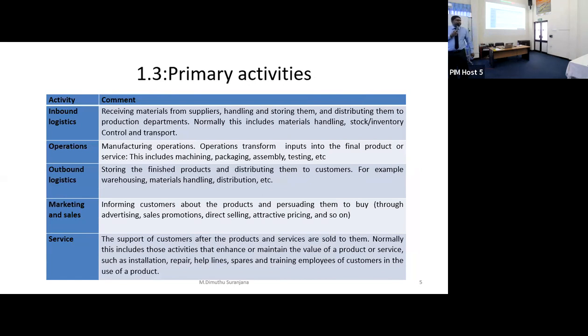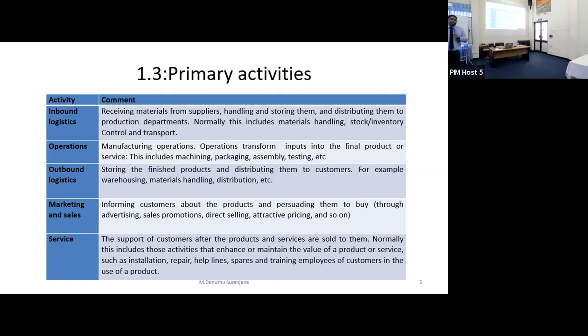I used one important word. I told you this is a general model, no? The general model introduced by Michael Porter. And I used another additional word: this is more related to manufacturing organizations. Two keywords.